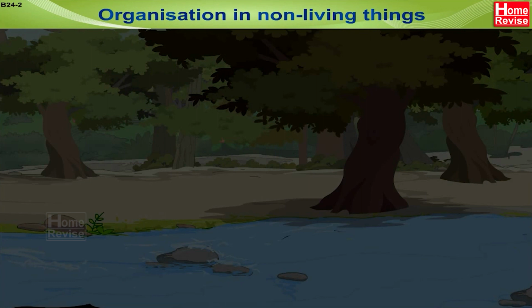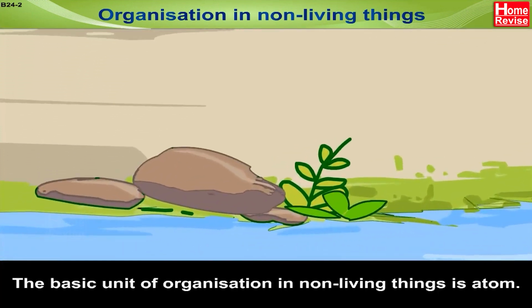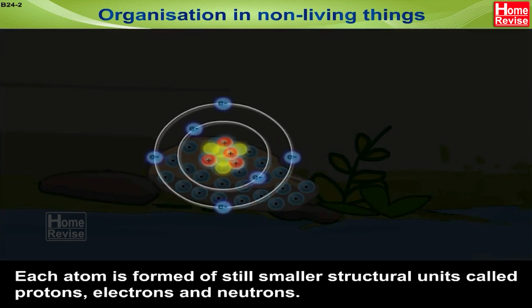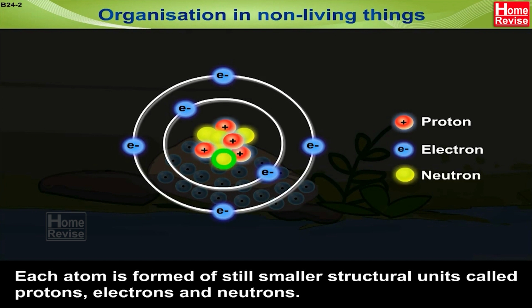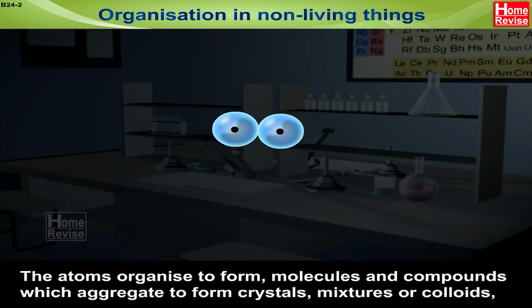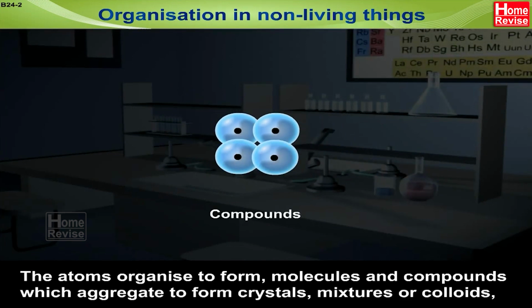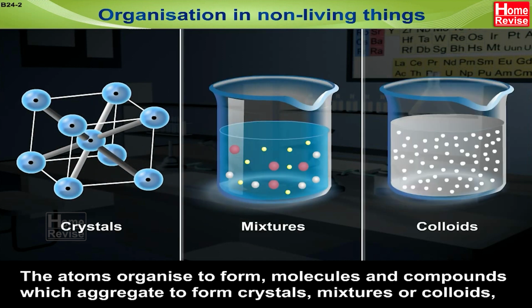Organization in non-living things. The basic unit of organization in non-living things is atom. Each atom is formed of still smaller structural units called protons, electrons, and neutrons. The atoms organize to form molecules and compounds which aggregate to form crystals, mixtures, and colloids.